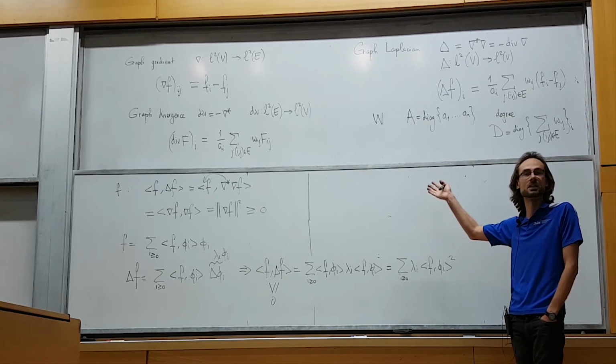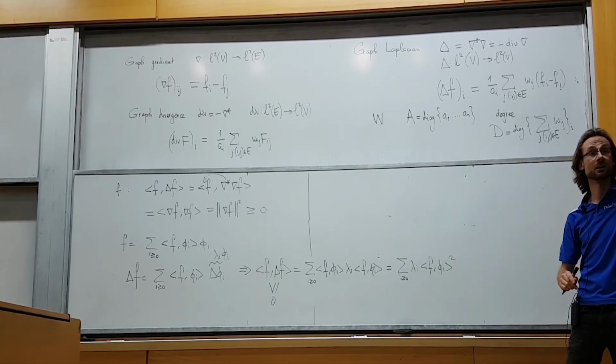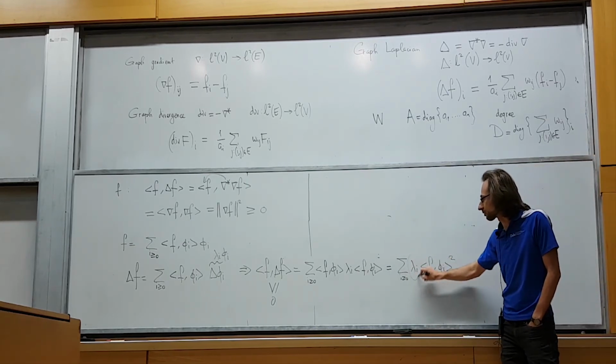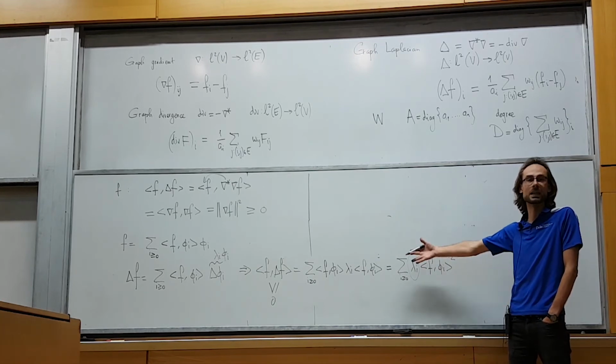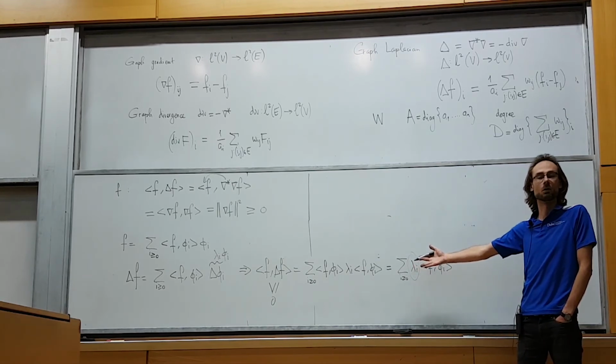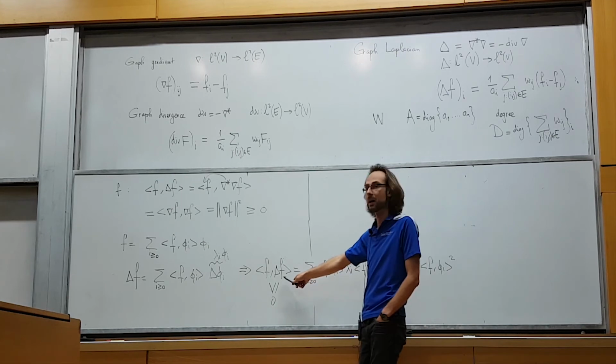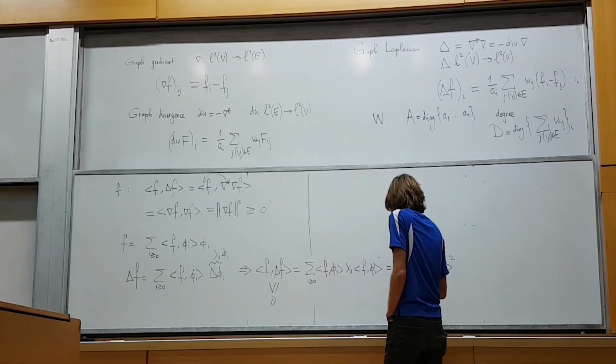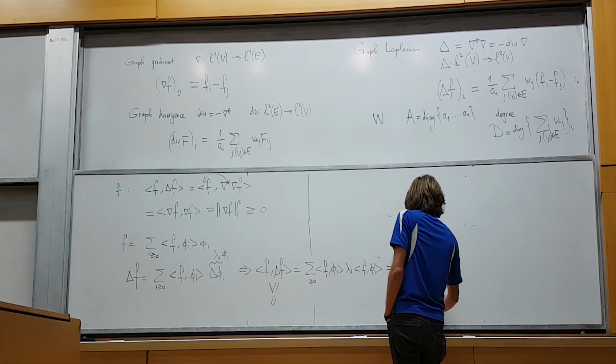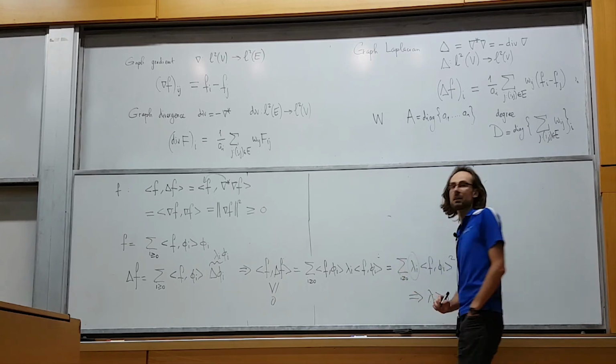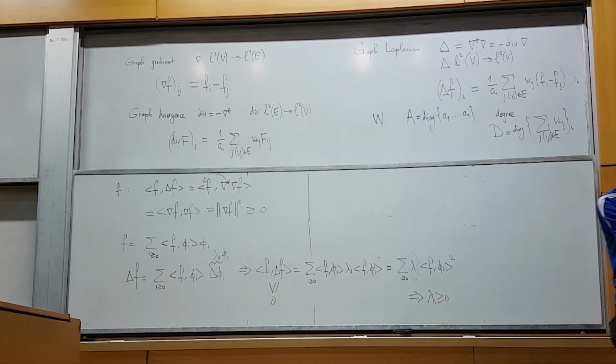I will just select f to be phi I, right? So if I afford any of the lambdas to be negative, I will get a negative expression. So in order for this to be satisfied for every f, I necessarily have to have all the lambdas non-negative. Okay? So this gives me the non-negative spectrum of the Laplacian.